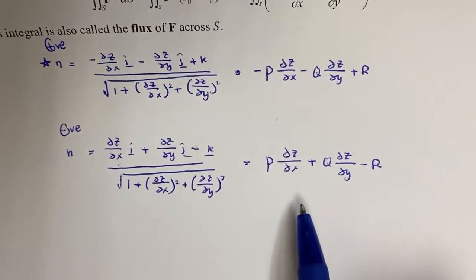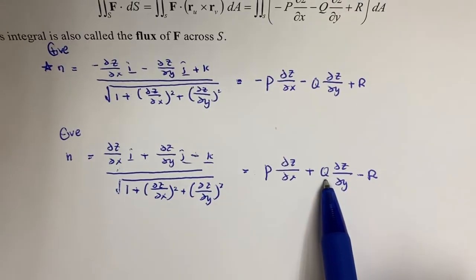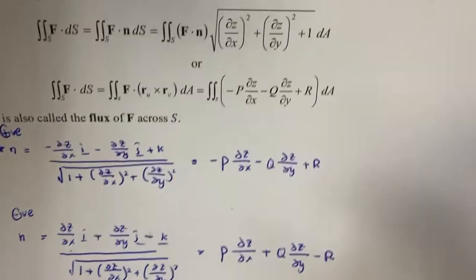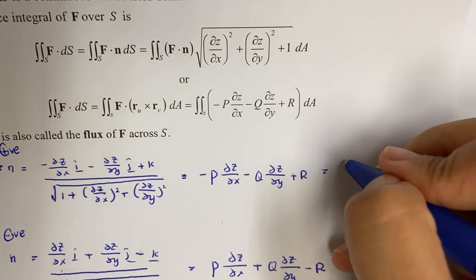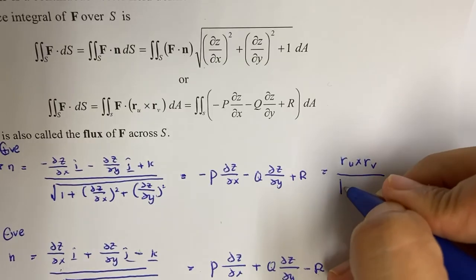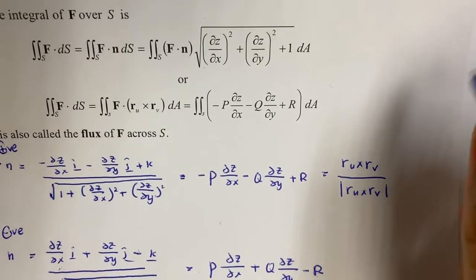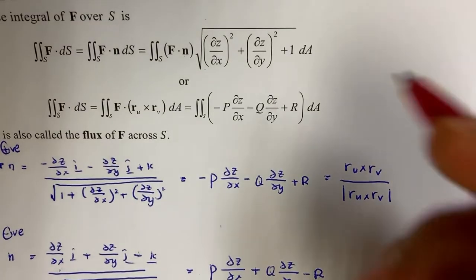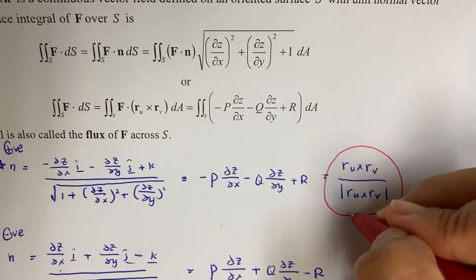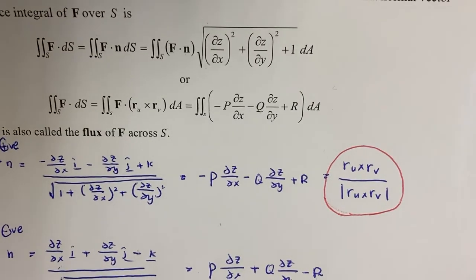If you have negative orientation, you need to use P del z over del x plus Q del z over del y minus R. And n is equal to ru cross rv divided by the magnitude of ru cross rv. This is the main thing you need to know about n.